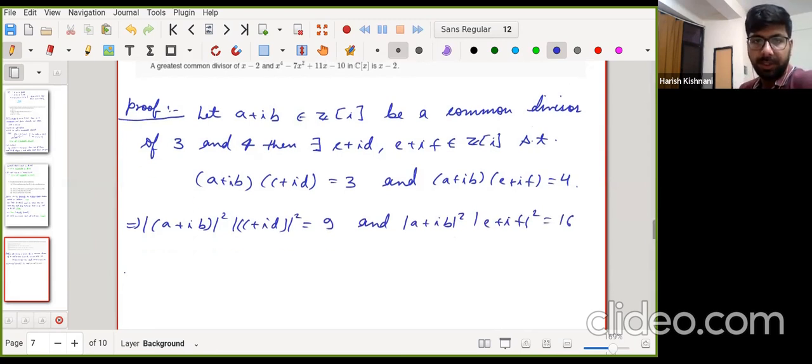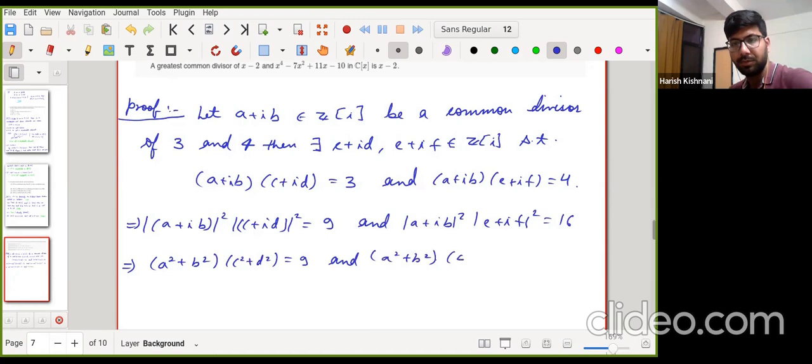And this implies a square plus b square times c square plus d square is equal to 9, and a square plus b square times e square plus f square is equal to 16.